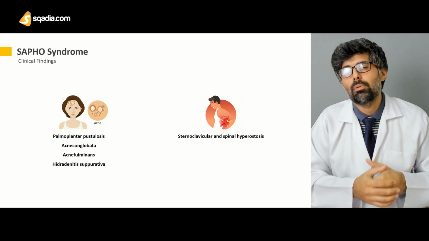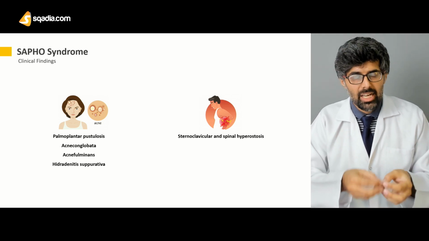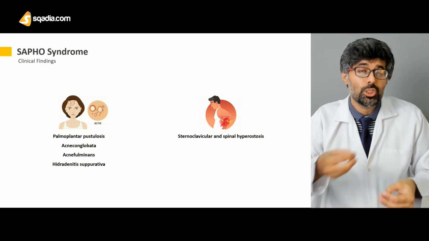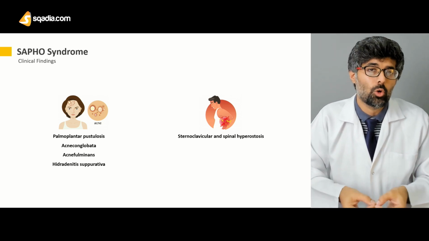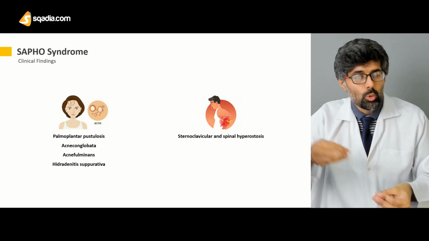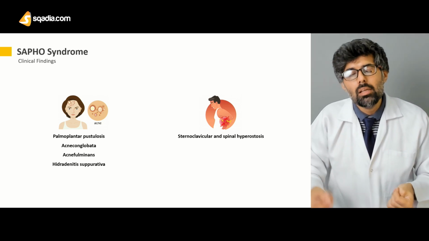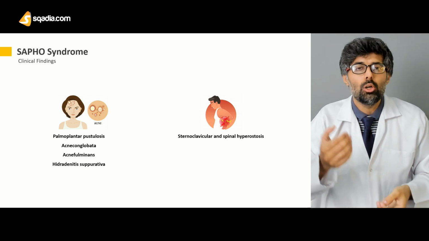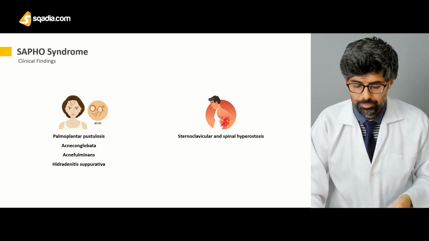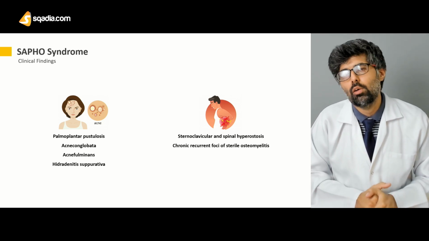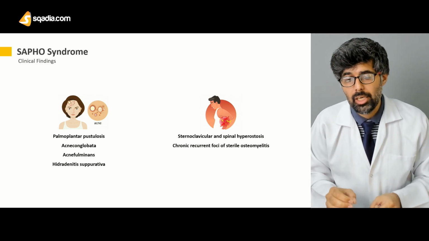And spinal hyperostosis, that is the extension of the spinal processes which are found at the posterior region of the spinal cord. When there is outgrowth of these processes, that results in pain with movement and low range of motion. Along with these, there's recurrent foci of sterile osteomyelitis.